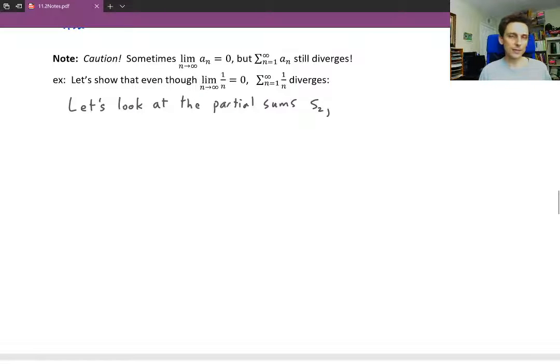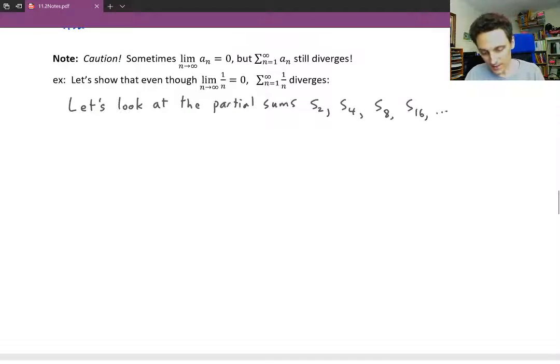And we're not going to look at the partial sums s sub 1, s sub 2, s sub 3, and s sub 4, and so on. We're going to look at s sub 2, s sub 4, s sub 8, s sub 16, and so on. So we're looking at the powers of 2 partial sums.